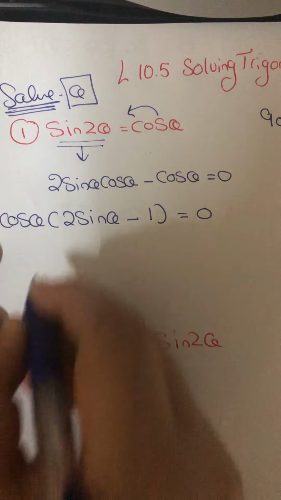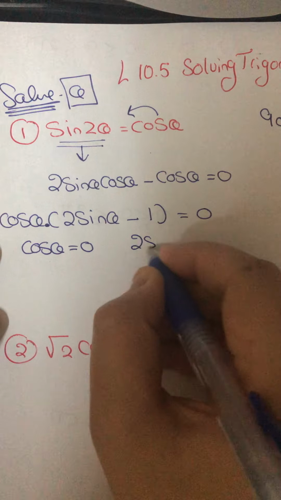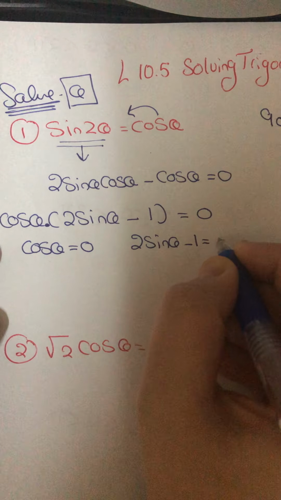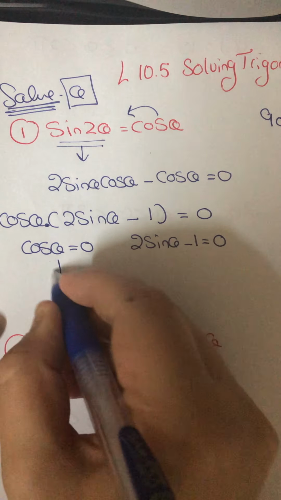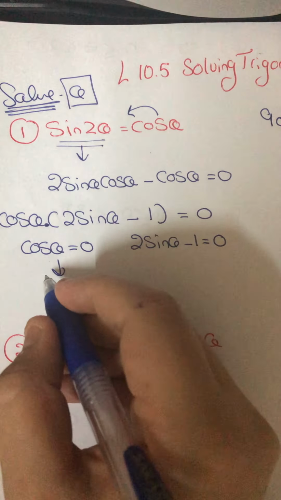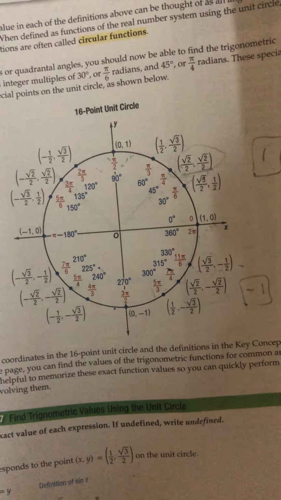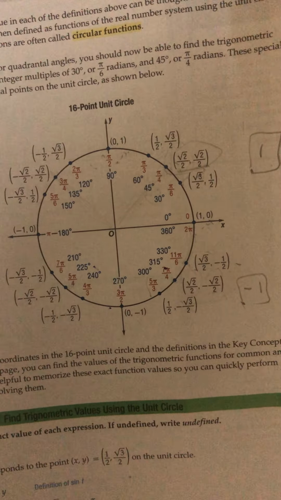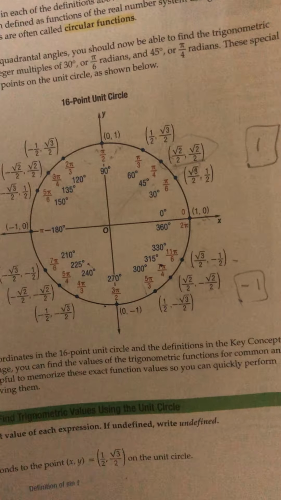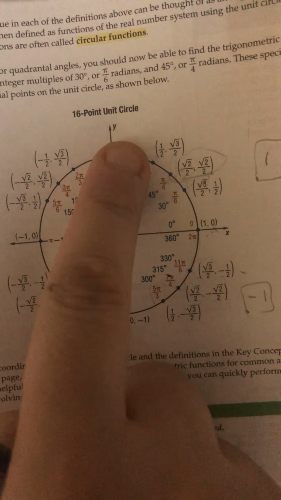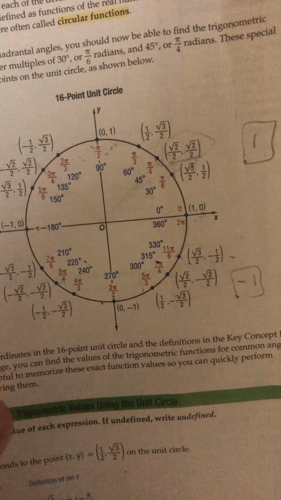So the zero product property tells me that either cosine theta is equal to 0 or 2 sine theta minus 1 is equal to 0. When is cosine theta equal to 0 on the unit circle? Cosine theta is equal to 0 only here and there, okay? The interval given is from 90 to 180, and 90 is included, until 180.